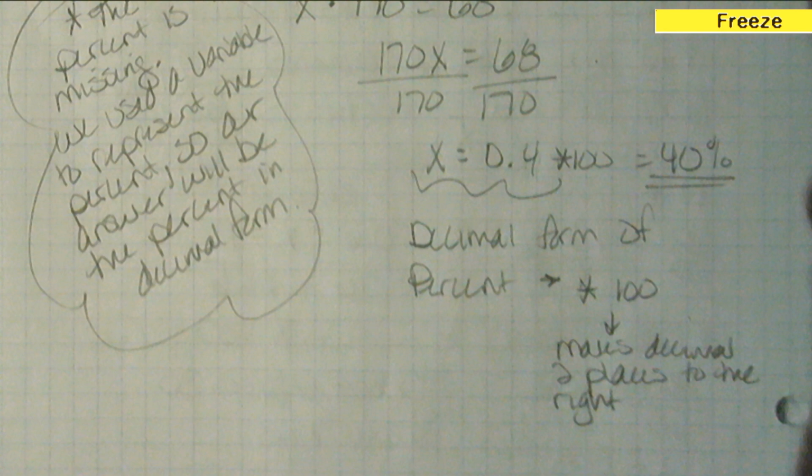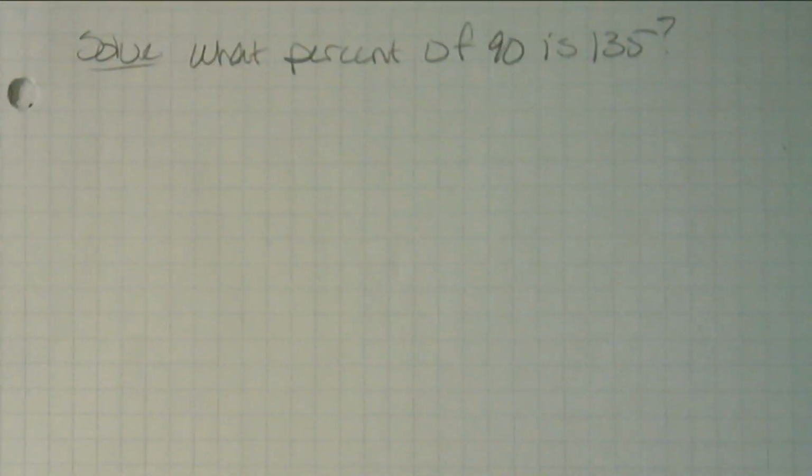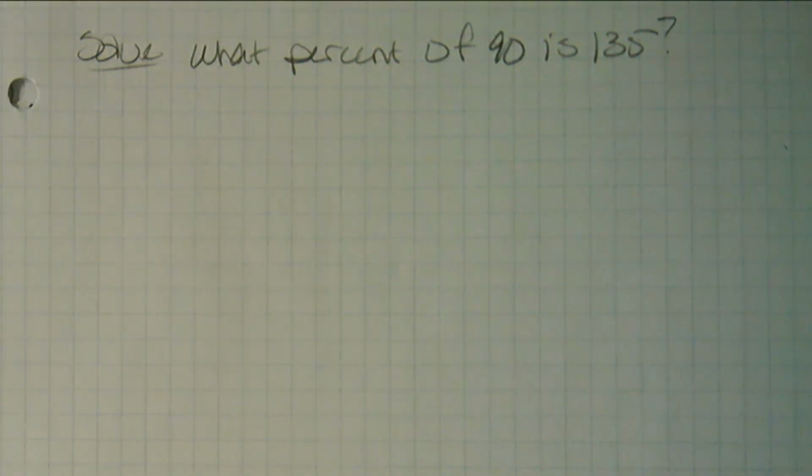Who needs to see what's up there? Okay, I want you guys to do this problem. The percent is not always what's going to be missing, all right, but I wanted to focus on the percent problems, because when the percent is missing, there's a little bit more that we need to do. So all of you solve this, please.